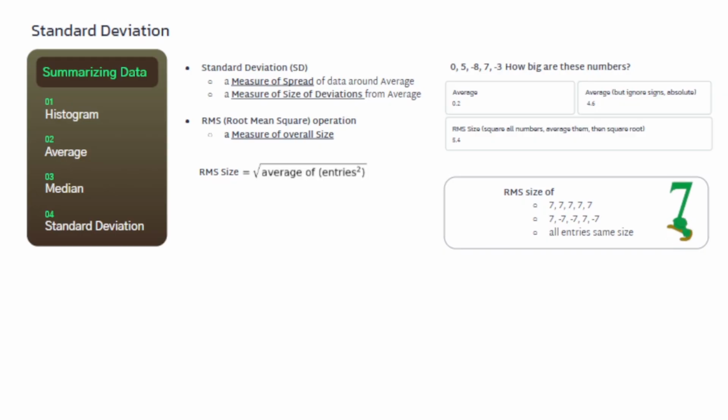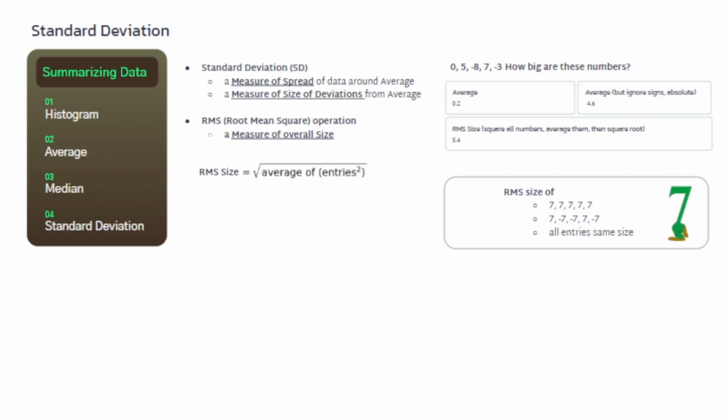But if you remember the definition of the RMS, it's a measure of the size. If you want to put a number on the bigness, on how large the numbers in the list are, then you use the RMS. And when they are all equal, it's easy. It's 7. Do the math and you will get 7. How about the other one? 7, minus 7, minus 7, 7, minus 7.